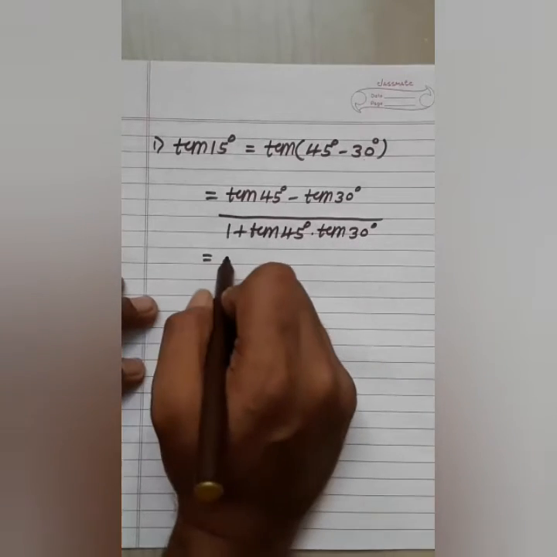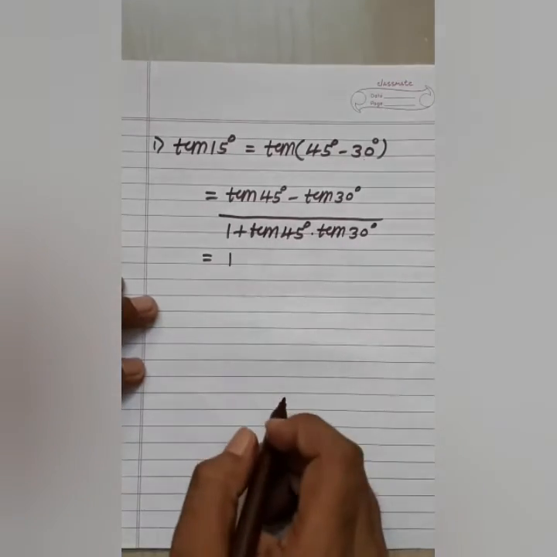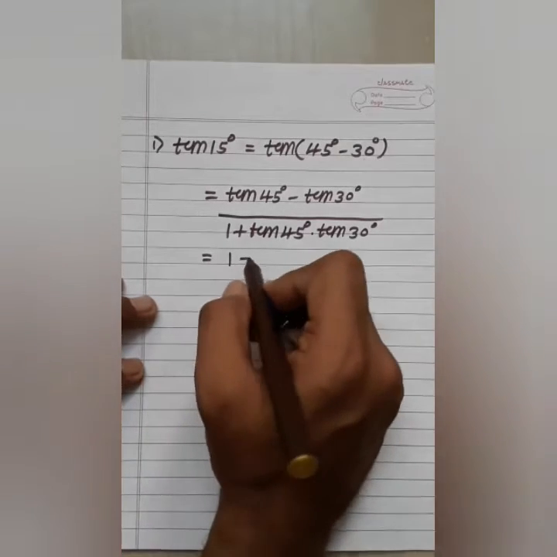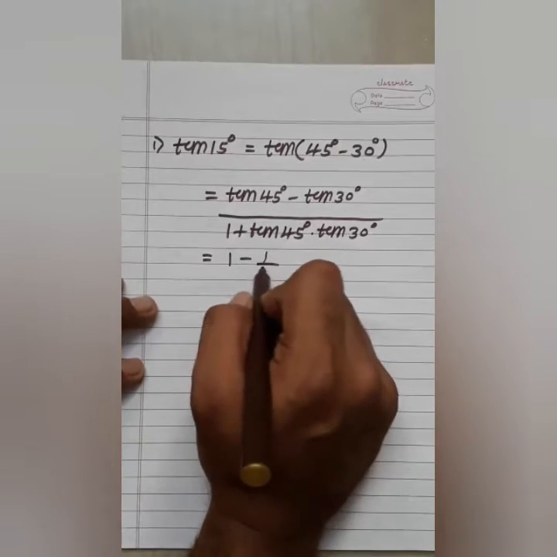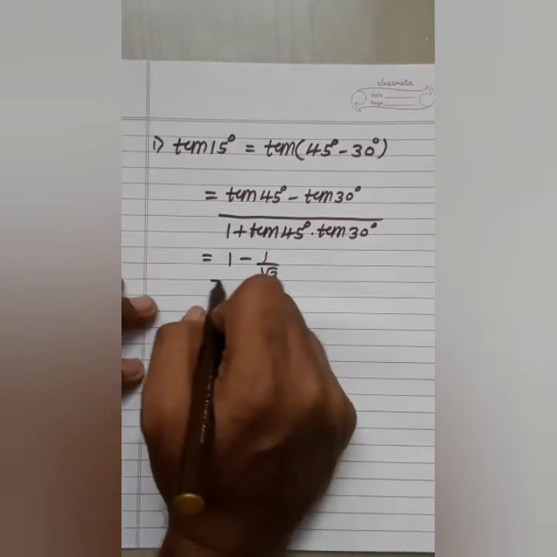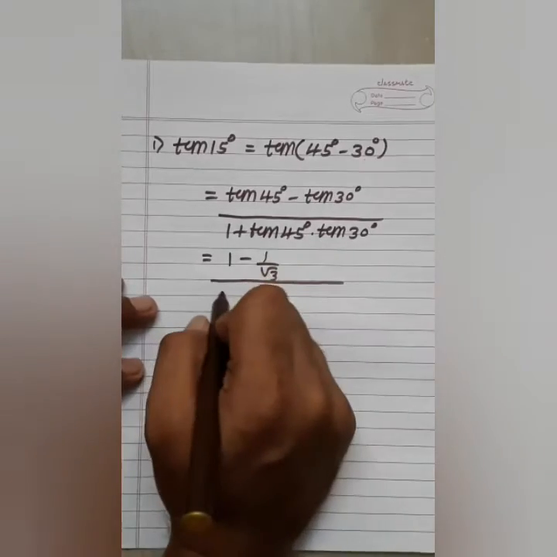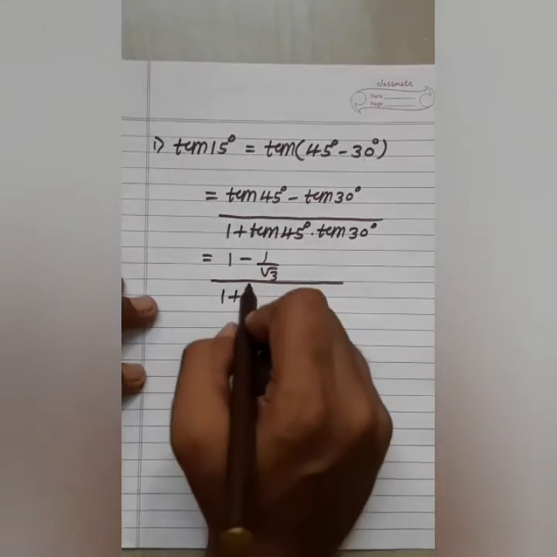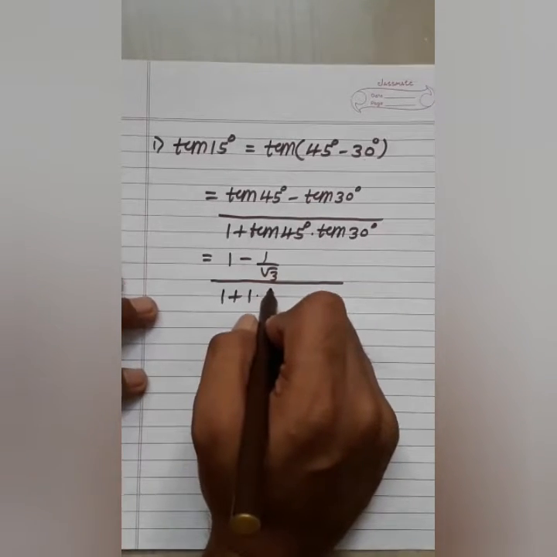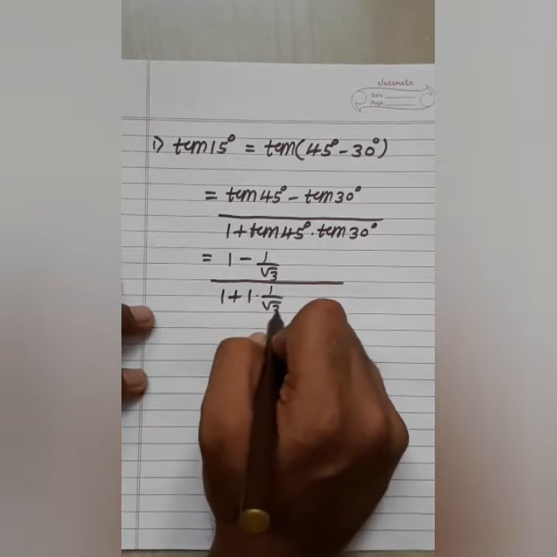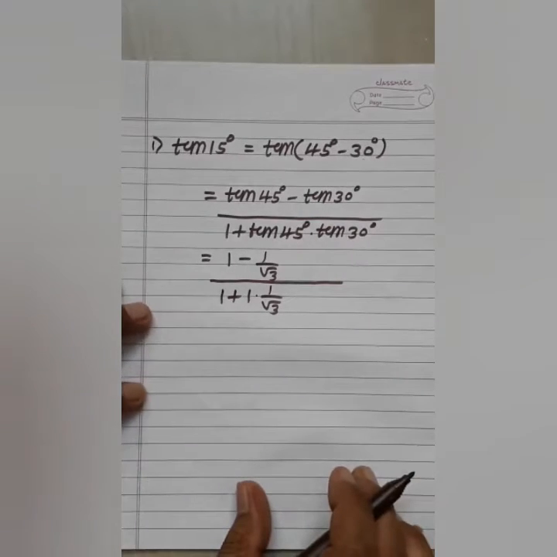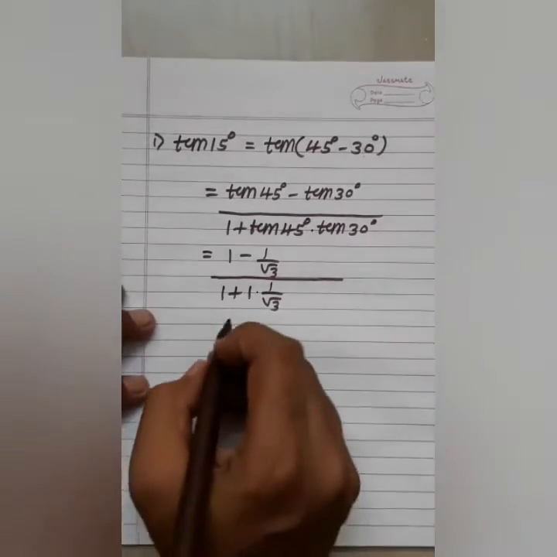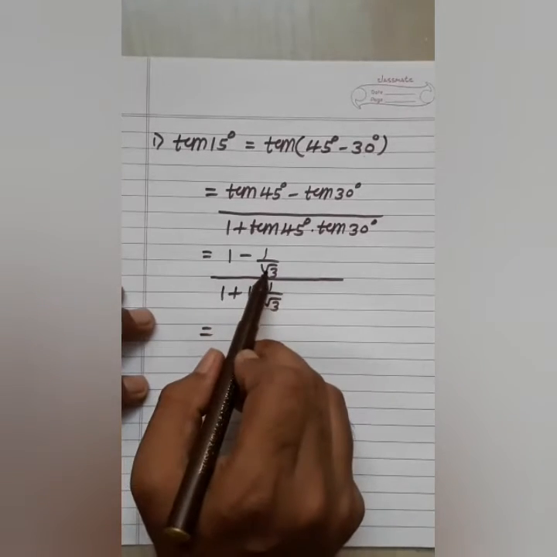So in place of tan 45 we write 1, and in place of tan 30 degree we write 1 upon under root 3, upon 1 plus tan 45, that means 1, and tan 30 degree again 1 upon root 3. Now take the LCM, under root 3.